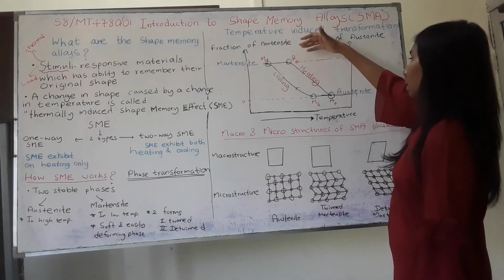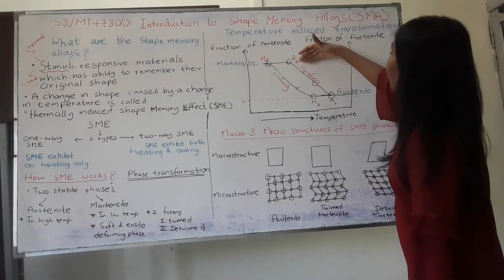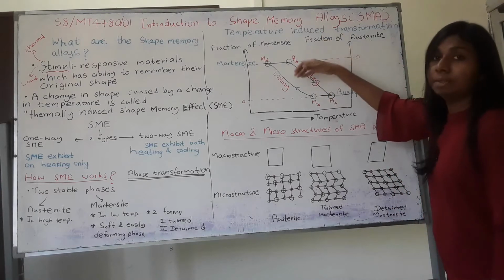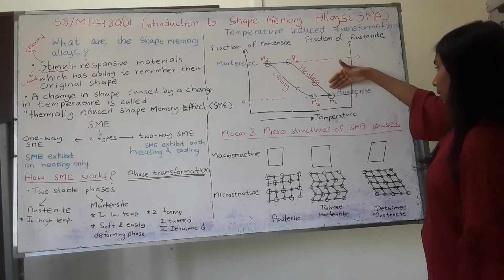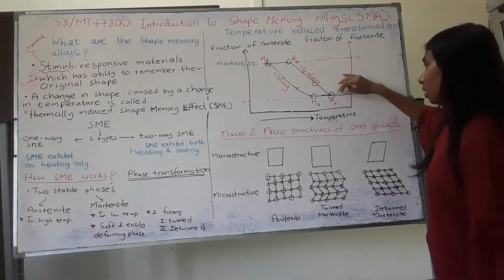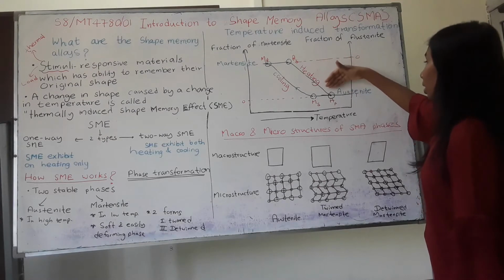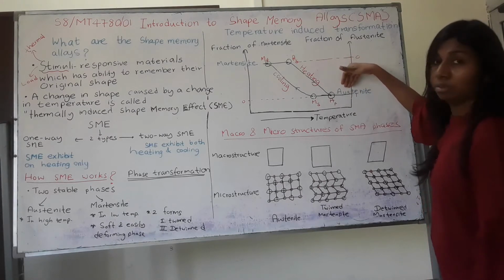When it increases the temperature further, the portion of austenite in martensite will increase, and in this spot it will finish the formation of austenite when it comes to 100% austenite.